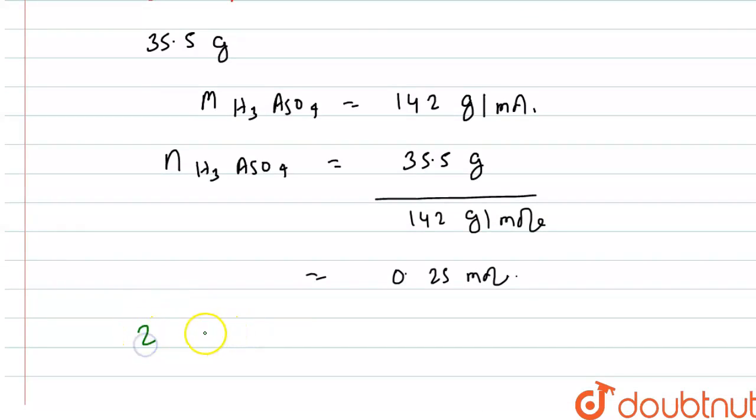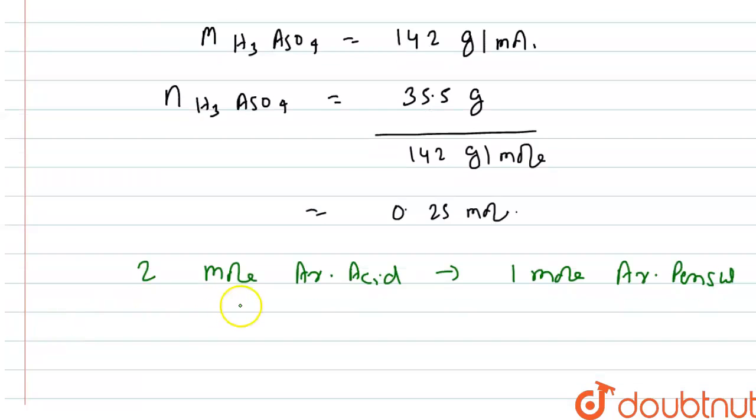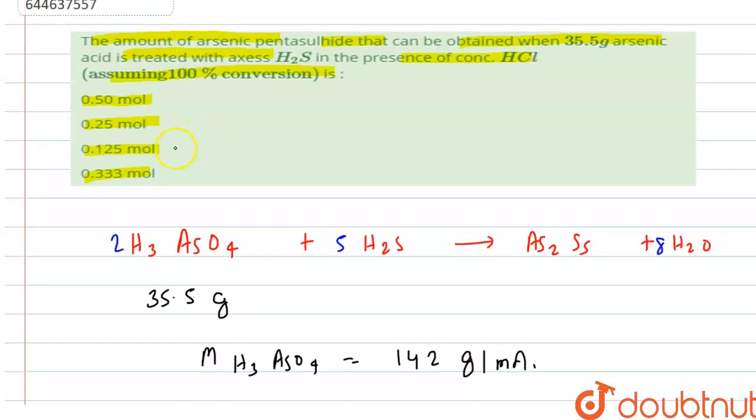So 0.25 mole of arsenic acid will give 1/2 into 0.25, and this comes out to be 0.125. Now if we look at the options, we have option C as 0.125 mole.